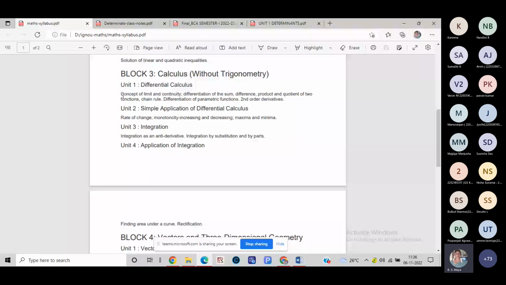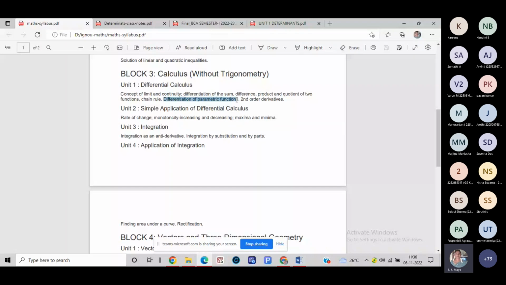We have the concept of limit and continuity, and the differentiation of sum, difference and product of two functions. And we have the chain rule. If you get a problem on the chain rule, you solve it for differential equations, or for differentiation of parametric functions.